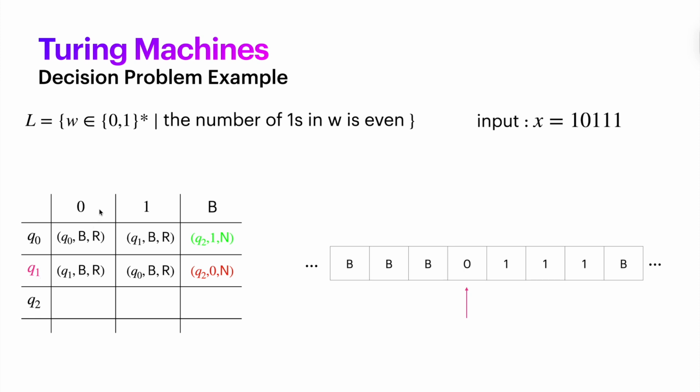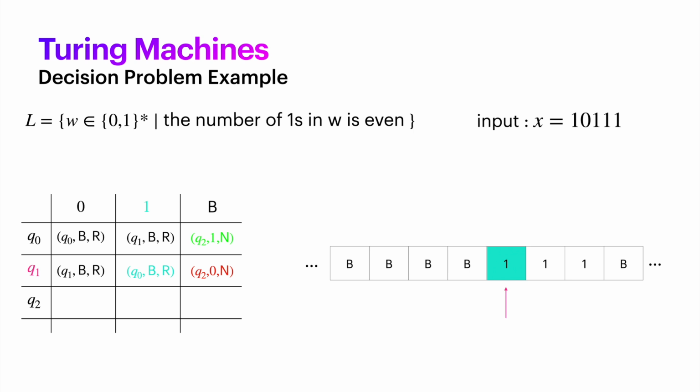Now we observe a 0. Our transition function says don't change the state, overwrite by B, and move 1 to the right. So that's what we do. Now we observe a 1. According to our transition function, we change our state to Q0.